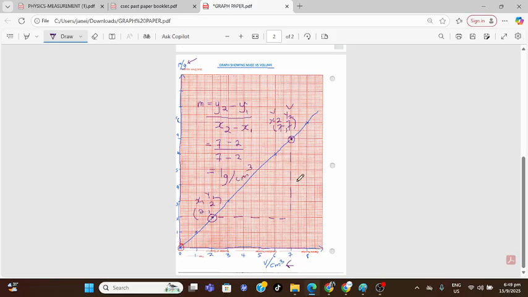So when I'm marking this, normally I give 1 mark for drawing this large triangle, 1 mark for writing the equation, 1 mark for reading off the points, and 1 mark for getting the answer with the correct unit. So it's normally 4 marks. Say it gives 5 marks these days.